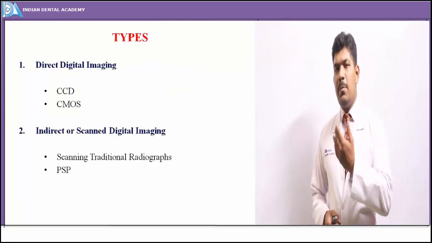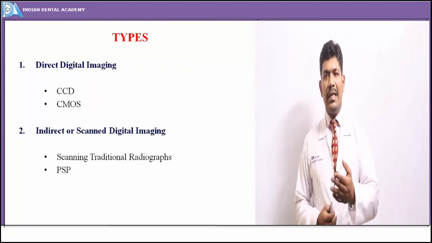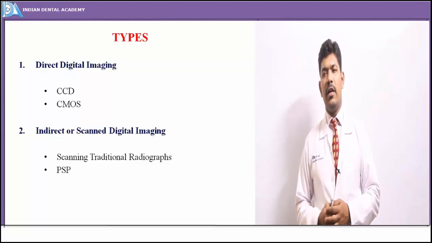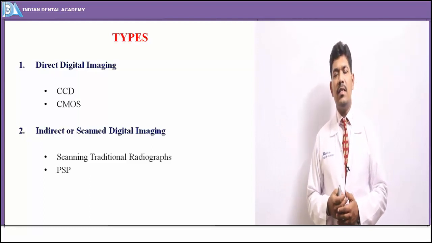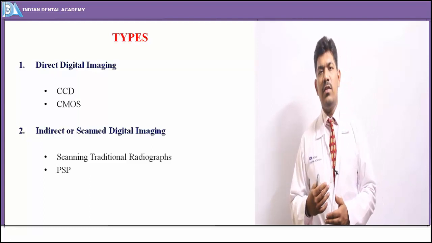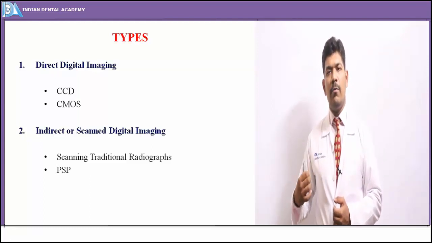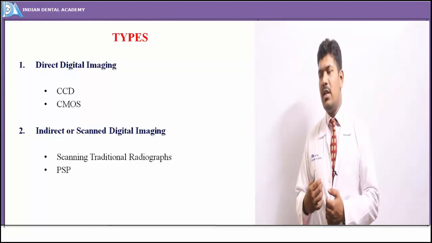So what are the different types of digital imaging? We have two different types: direct digital imaging, and indirect or the traditional kind of imaging. Direct digital imaging, as the word suggests, directly takes in X-rays, converts them into electronic signals in binary or numeric format, and then represents them on the system as a digital image.